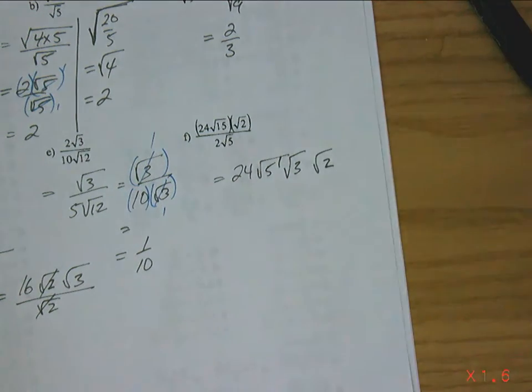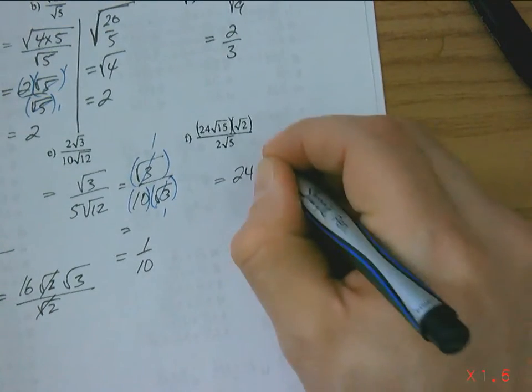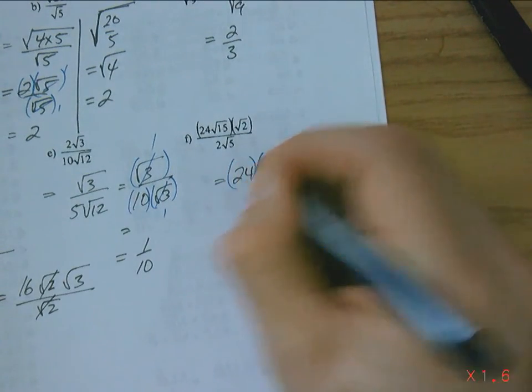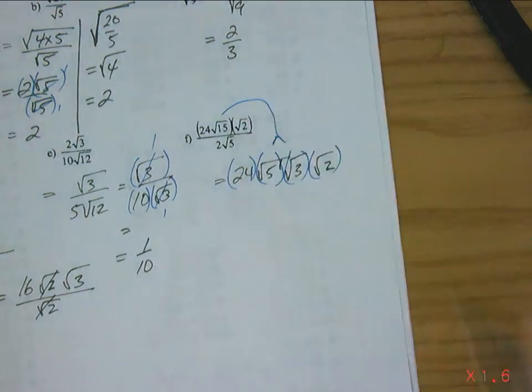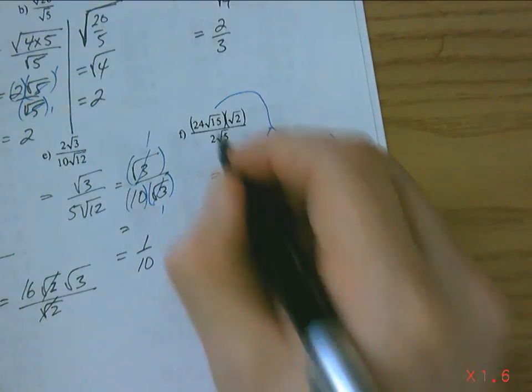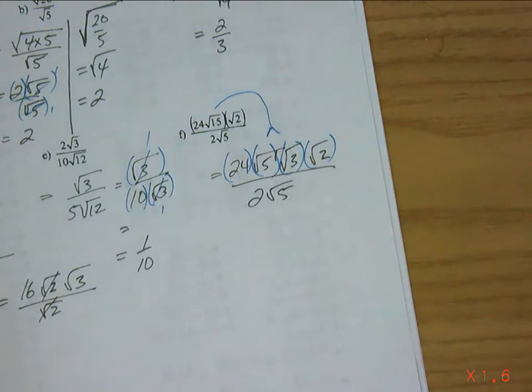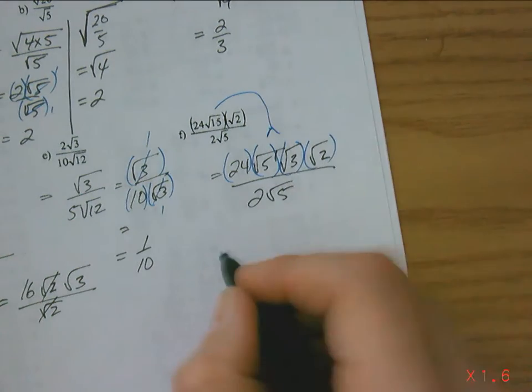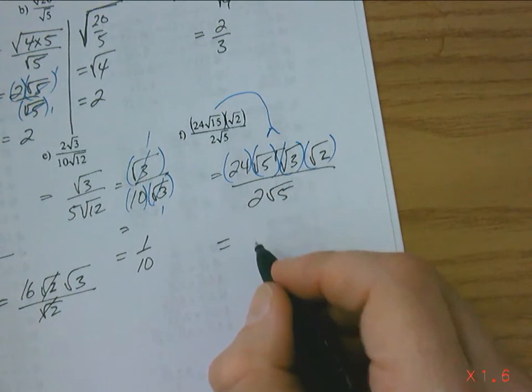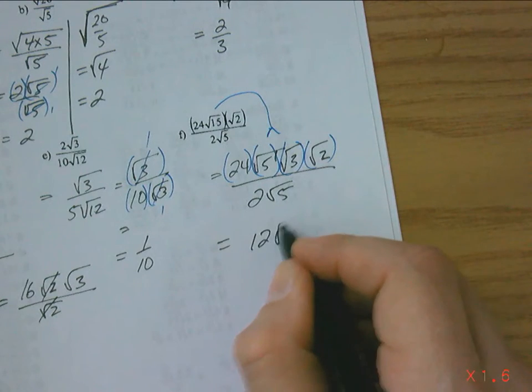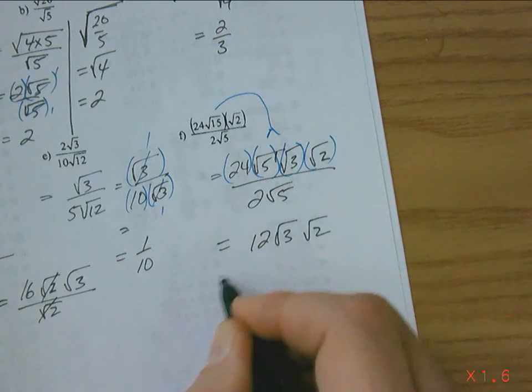I'm just thinking ahead here a bit: I took this 15 and broke it up into root 5 and root 3. The only reason I did that in this particular case is because I have a root 5 on the bottom. They're going to be able to reduce with each other. The 24 and the 2 are going to reduce, giving me 12 root 3, root 2, which I'll change back to root 6.